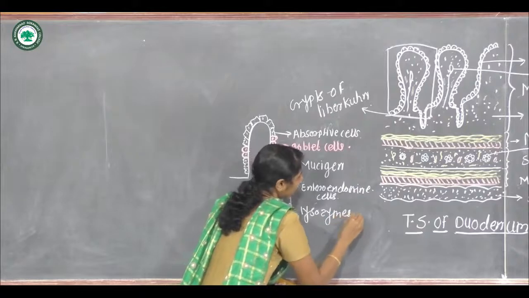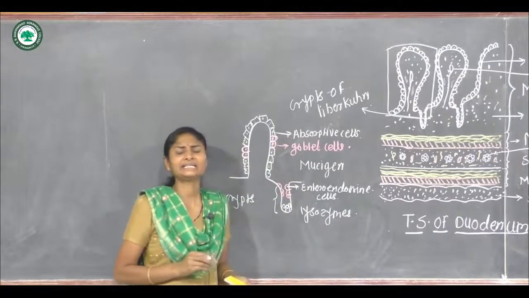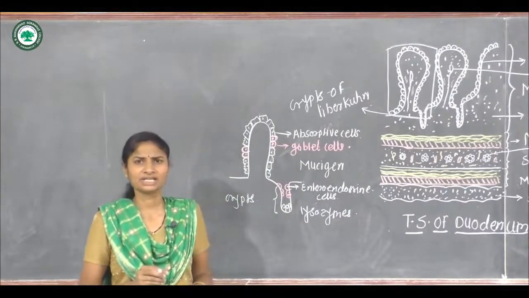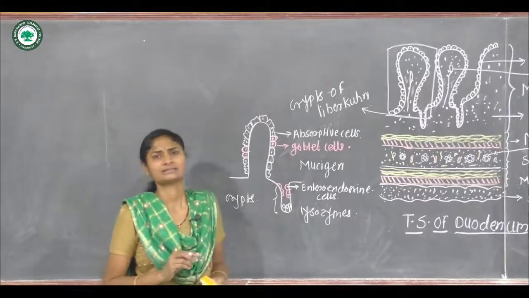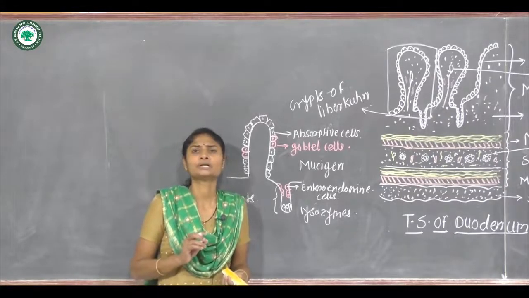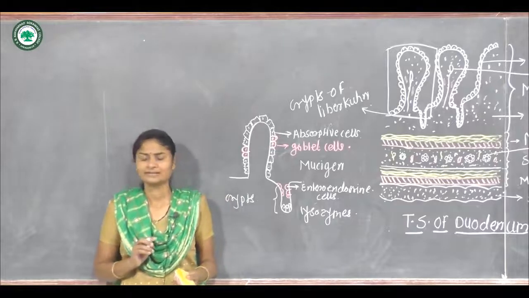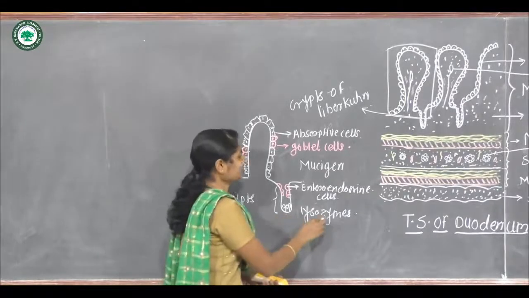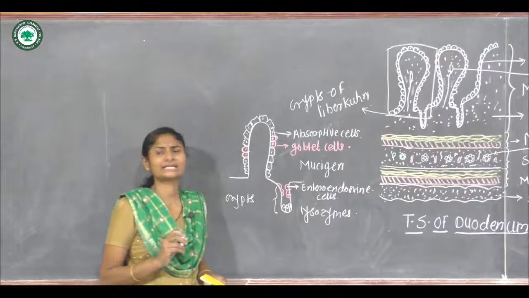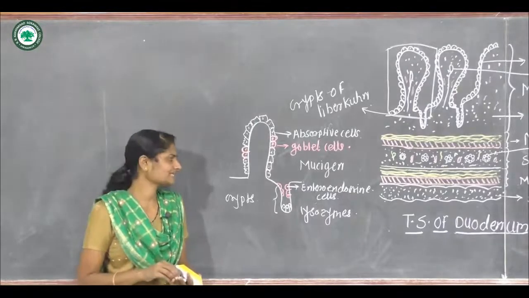These lysozymes are antibacterial agents. They kill the bacteria from the food material, and these Paneth cells also protect the stem cells.